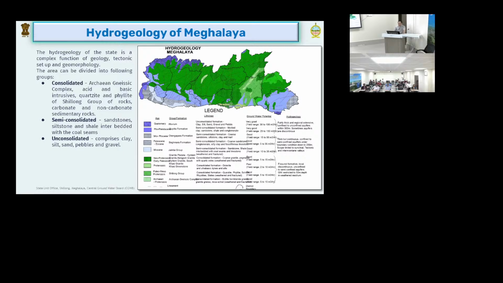And unconsolidated formations are mostly in the Garo Hills also, and in the valley portions, where it comprises sand, silt, gravel, pebble, and the highest, good aquifer potential exists in this unconsolidated formation, which is in Garo Hills, especially in the South West Garo Hills district.